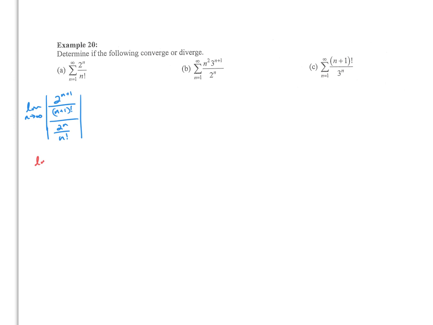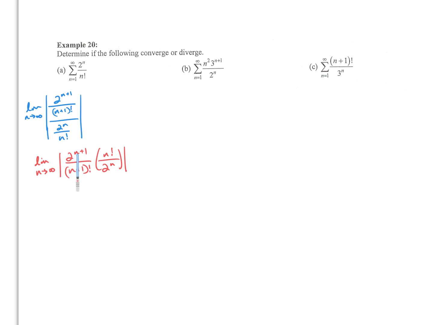So my next term, I'd end up with this 2 to the n plus 1 over n plus 1 factorial, and then times n factorial over 2 to the n. So I'm going to jump there from now on. Now we have to use a little bit of math.